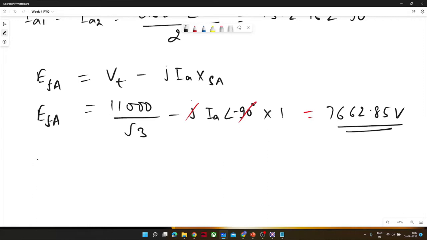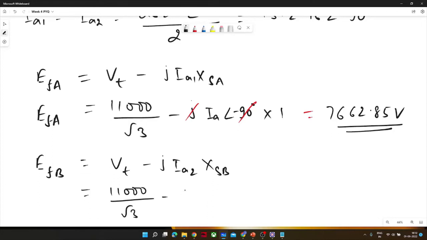We calculated EFA, now we have to calculate EFB, and that would be in the same manner: VT minus J IA2 XSB, which is 11,000 by root 3 minus J and IA angle minus 90 into 3. It comes out to be 10,286.85 volt.